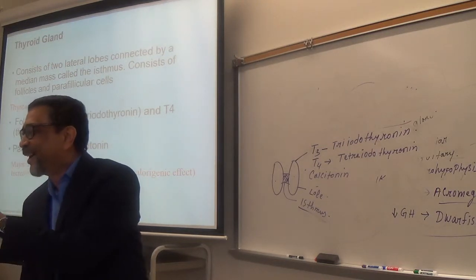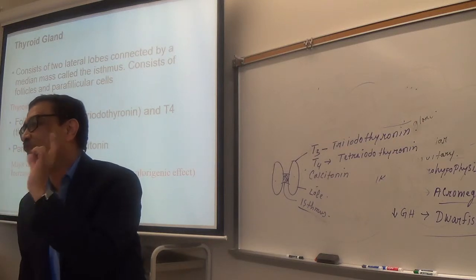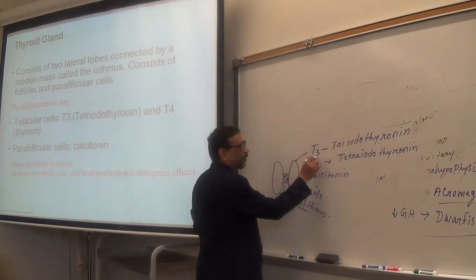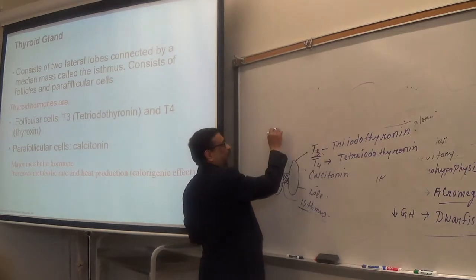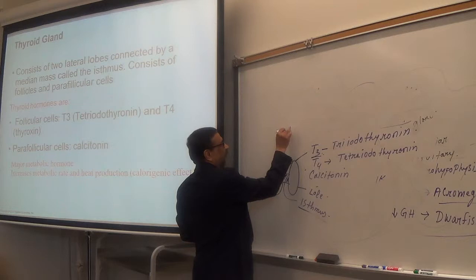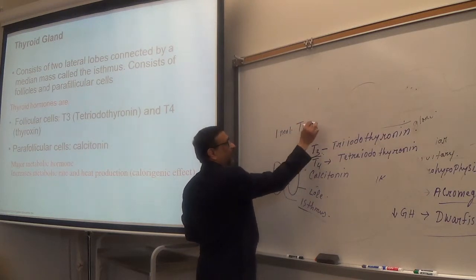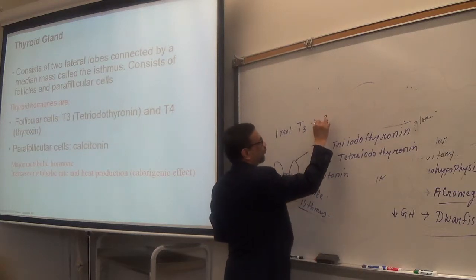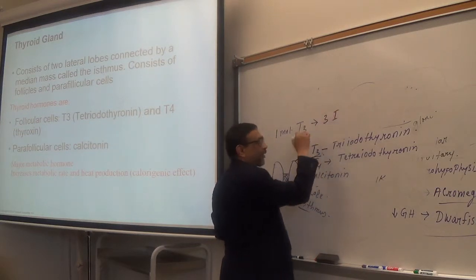In T4, how many iodine is there? 4 atoms. So to form one molecule of T3 hormone, you need how many iodine atoms? 3 iodine.